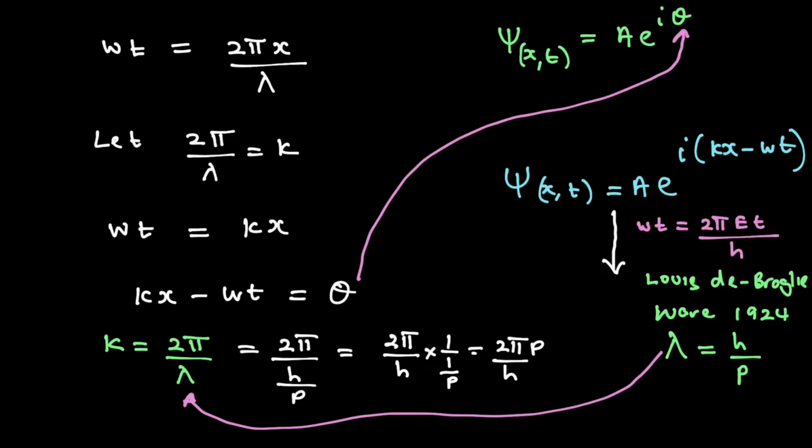So now we've got k to be 2 pi p over h, which we're going to put in here. And we're going to change the omega t into there.